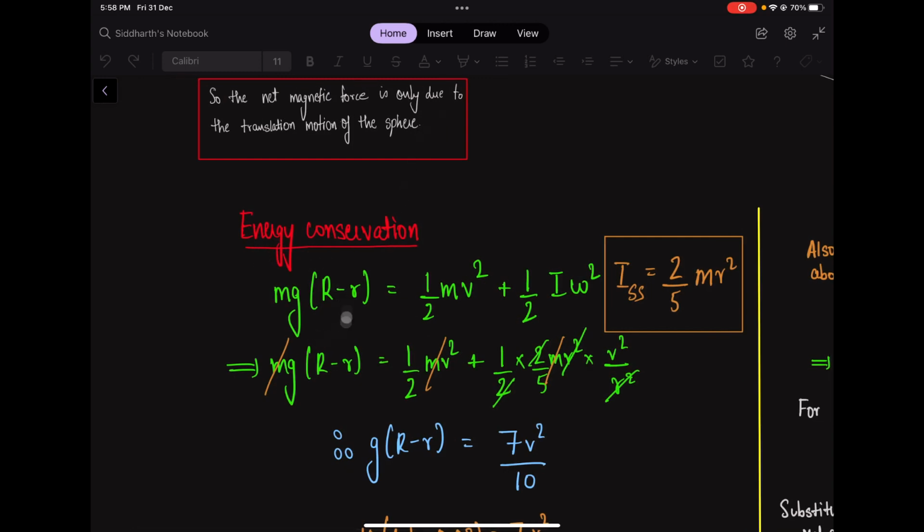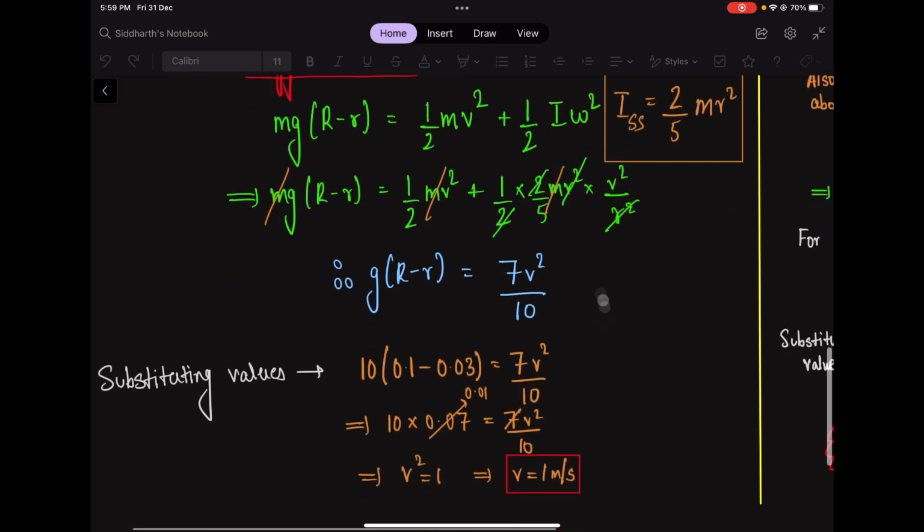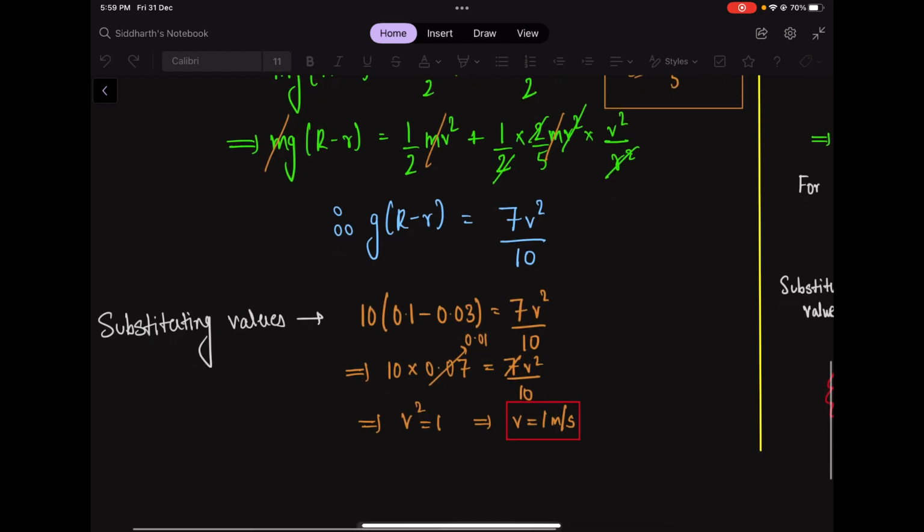So change in potential energy is equal to half mv square, that is the translational kinetic energy, plus half I omega square, that is the rotational kinetic energy. Also, for the solid sphere, moment of inertia is 2 by 5 mr square. So when we substitute the values, and substitute the value of g, capital R and small r, we get that v is 1 meter per second.